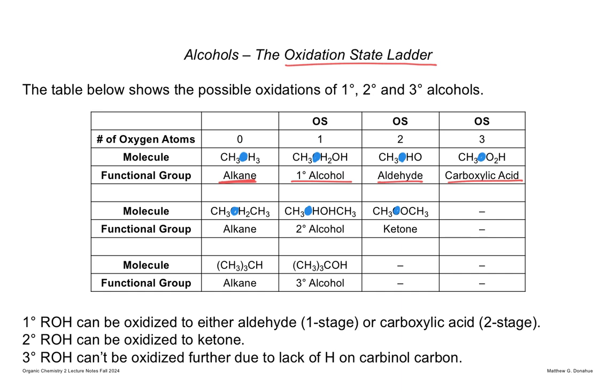And for the tertiary case, you can take an alkane to a tertiary alcohol, but it can't be oxidized beyond that because that carbon no longer has any H's to abstract. That's the important thing. So really you're looking for primary and secondary. Tertiaries will not react. They can't be oxidized.